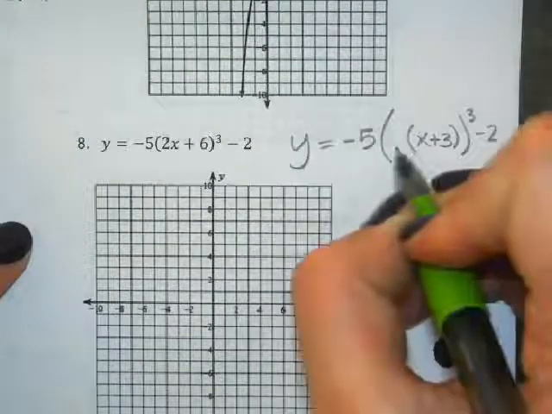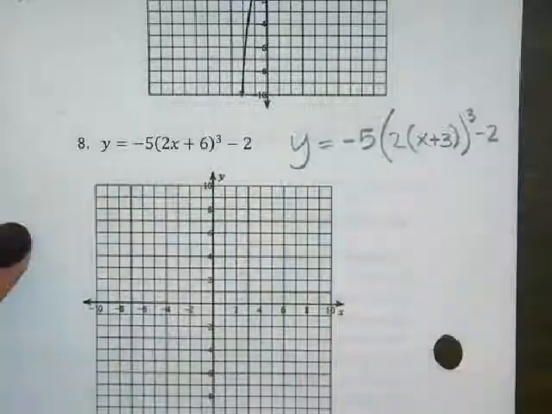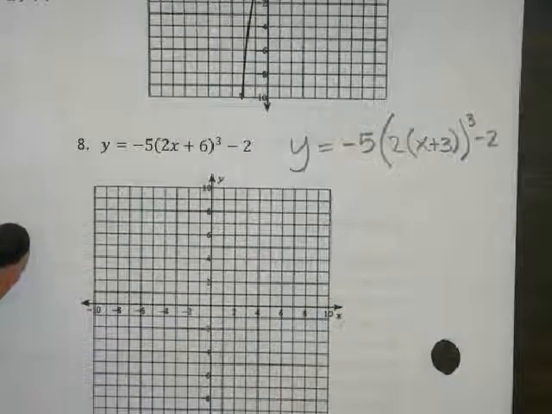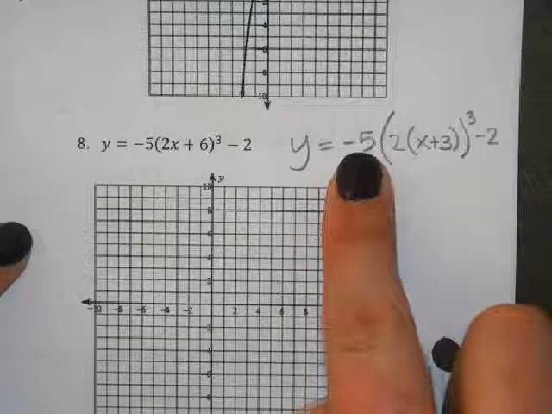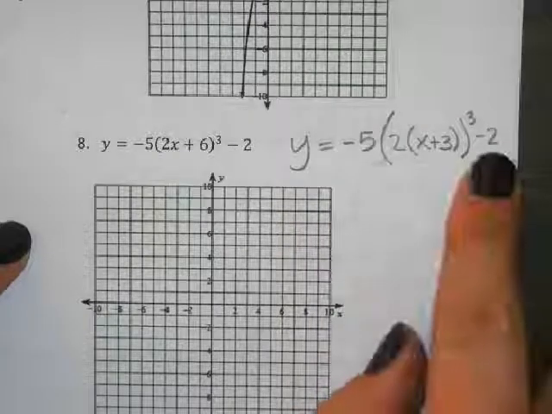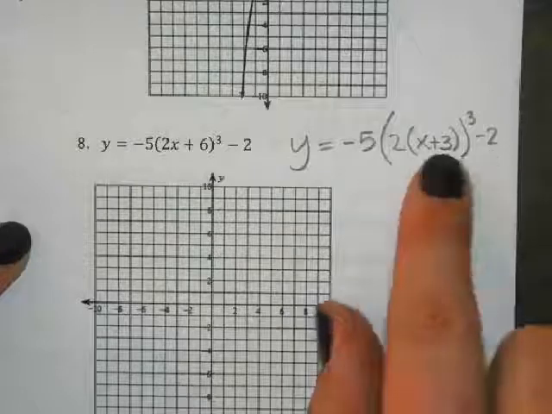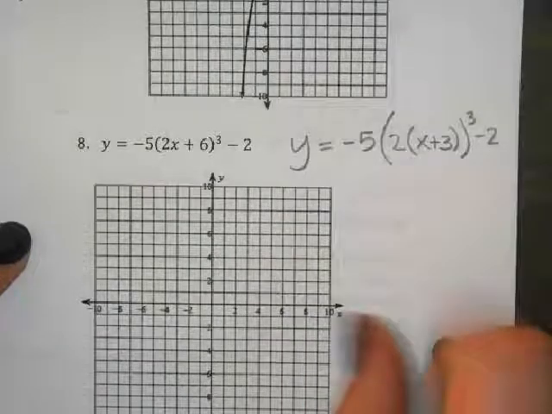And what should go in front? 2. Are you guys okay with recognizing what's considered inside and what's considered outside? Yeah. Yeah? We're okay with that? Okay. So on this one, the -5 is outside, the -2 is outside, and then all that stuff is considered to be inside. Okay. Let's look at 10.